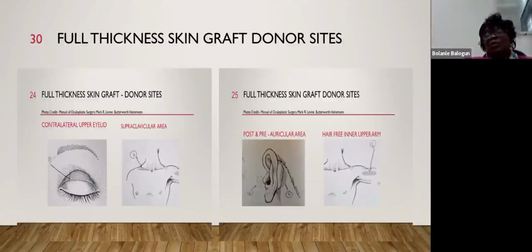For example, you may have patients who have burns, and if the burns affect all other places, and that's the area that you have left, you can take your graft from there. That's the pre-auricular area. And then you can also take your graft from the inner surface of the upper arm, the hair-free area.